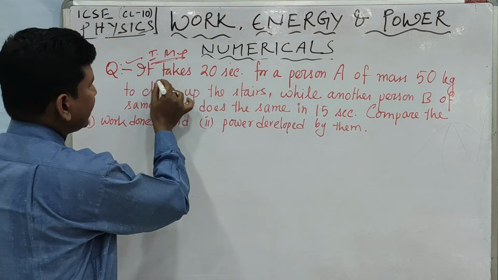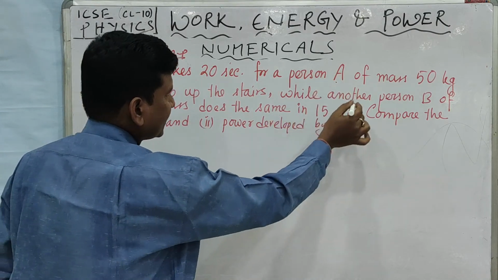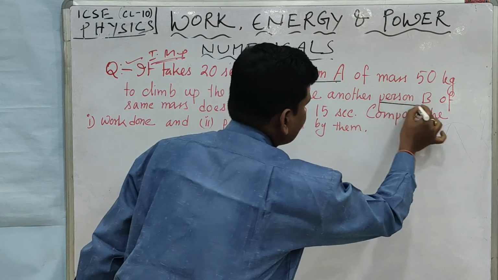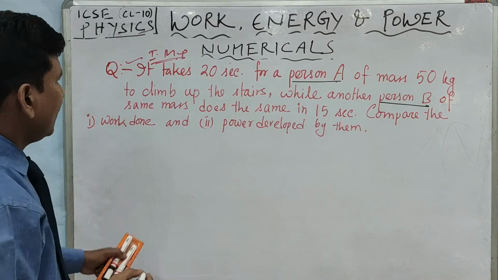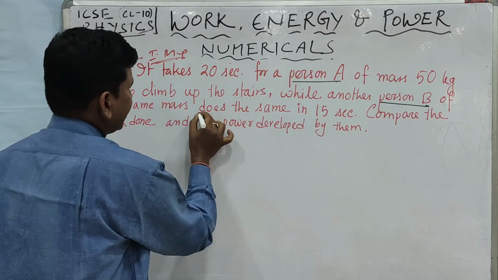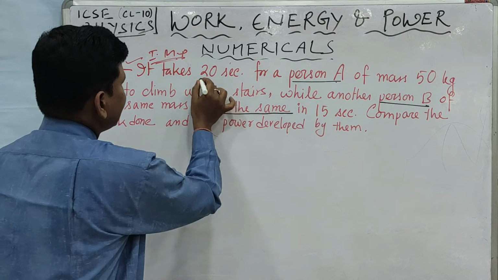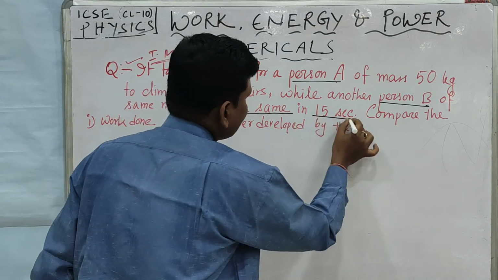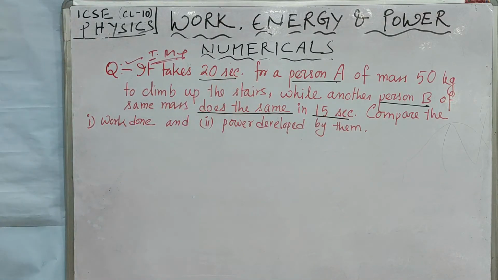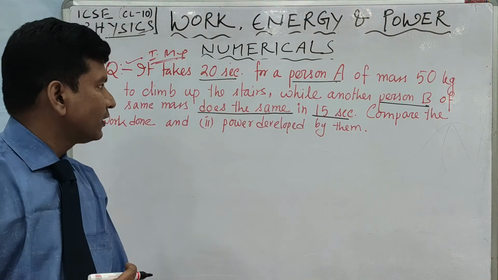Here it is given that there are two persons, A and B. Both are climbing to the same height and doing the same work, but one is doing it in 20 seconds, another in 15 seconds.